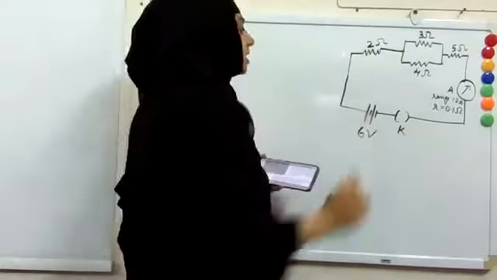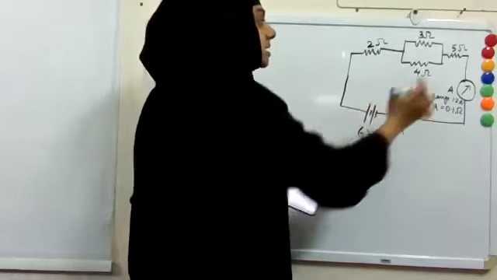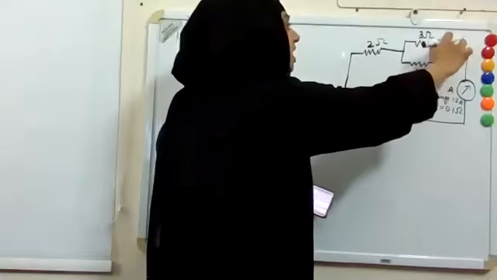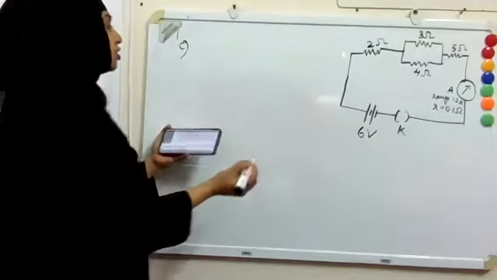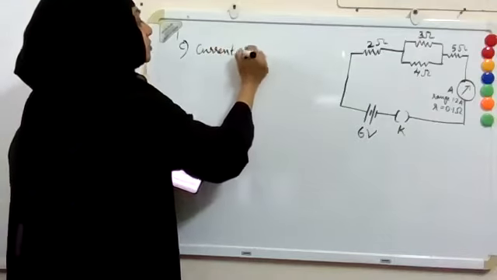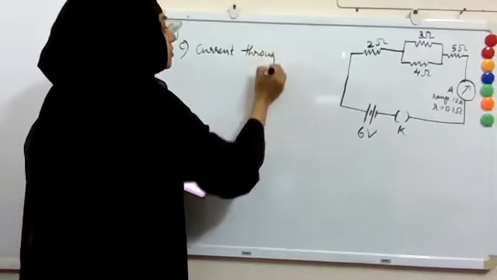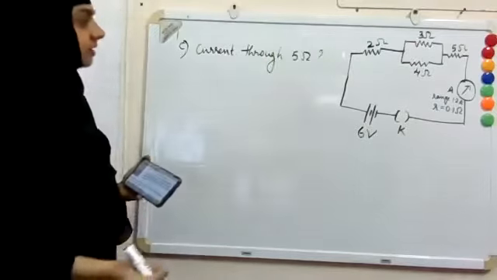So this is the figure given, and question C was to find the current through the 5 ohm resistance. This is the question.